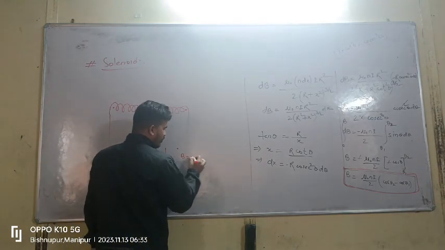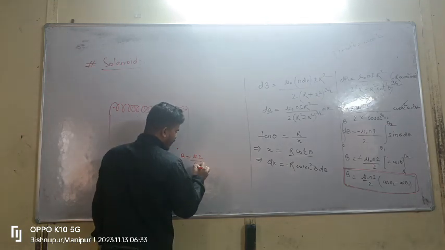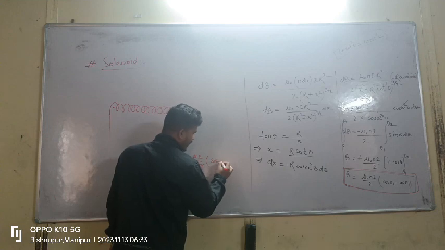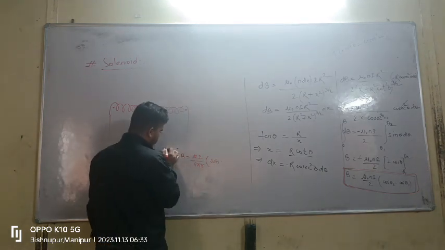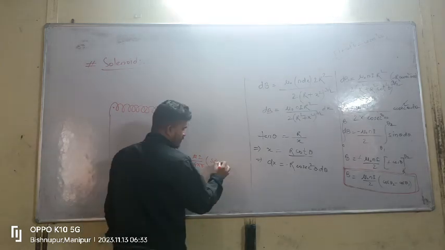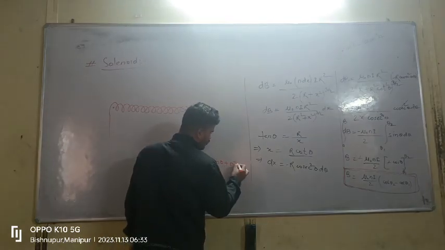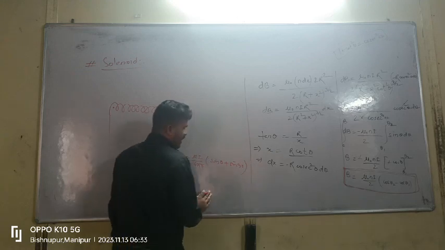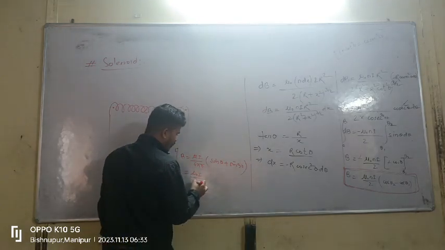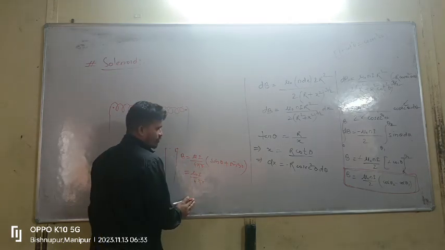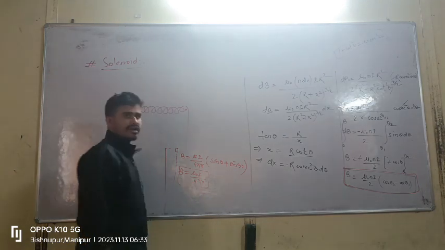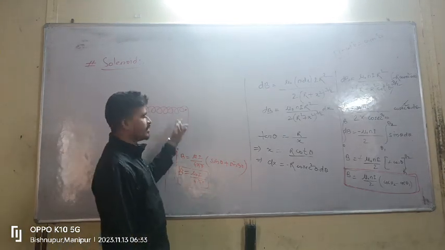B equals mu naught I upon 4 pi r into sine of one angle, 0, plus sine 90. You put these values and got the result mu naught I upon 4 pi r. This was the result you got there.